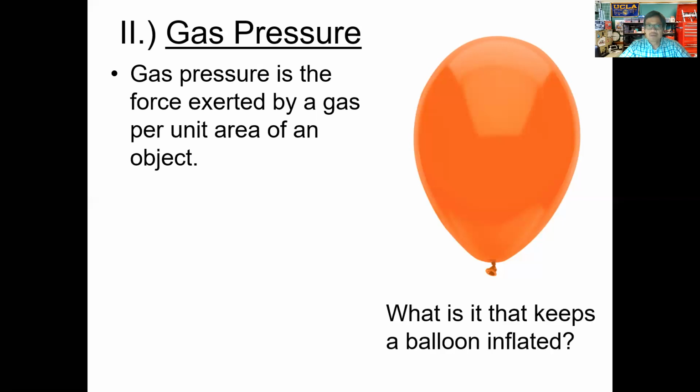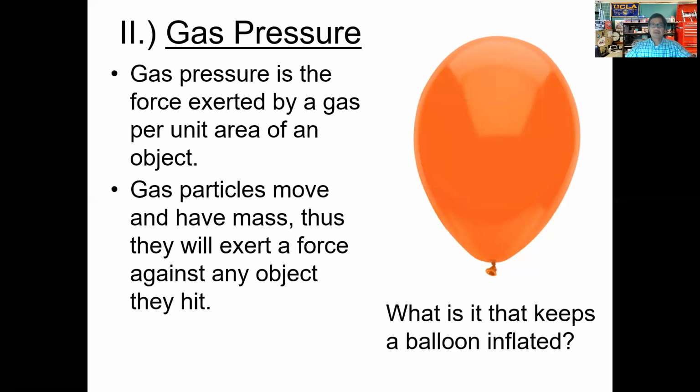We'll talk about what that force is in just a moment. But do understand what this is basically telling us: as these particles are moving around, they are bumping into everything. They are pushing on everything around them. Because of that, they exert what we call gas pressure. Gas particles have mass, and because they have mass and because they're moving, they will exert this force.